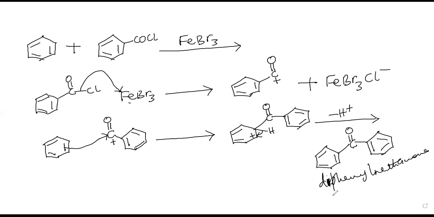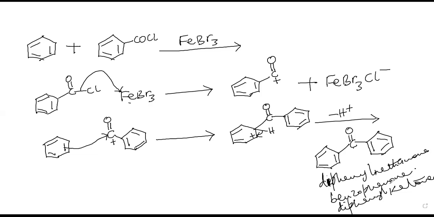You can mark benzophenone. And if you are too ancient, you can say diphenyl ketone, but that is not very good. Diphenyl methanone, benzophenone, or diphenyl ketone. So we shall be good to go.